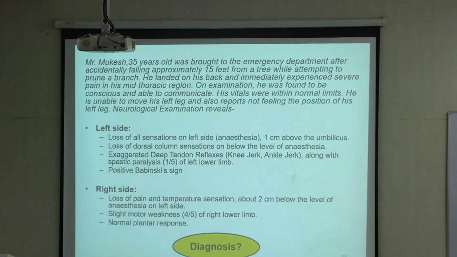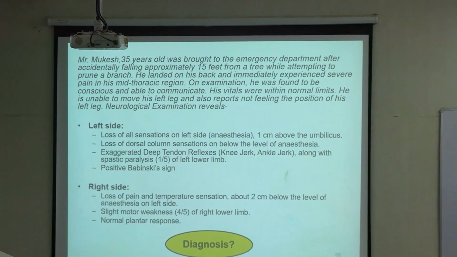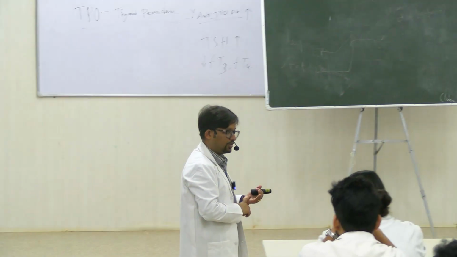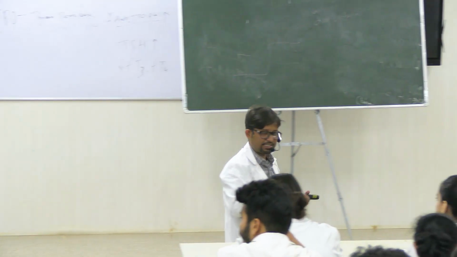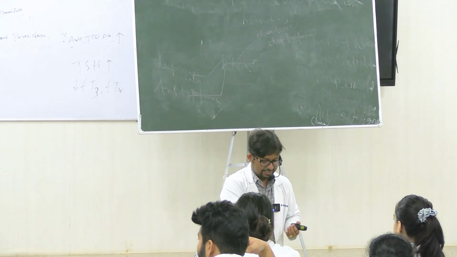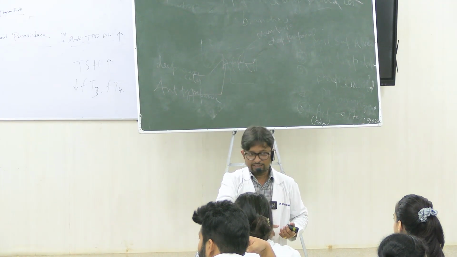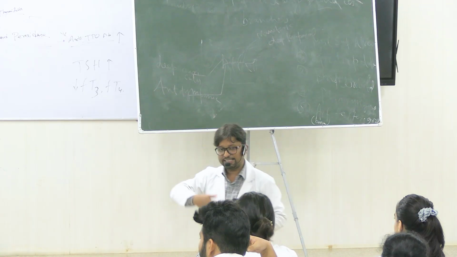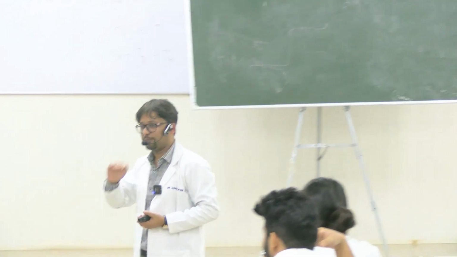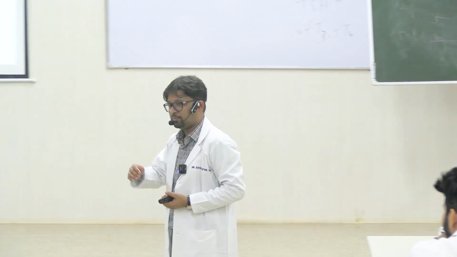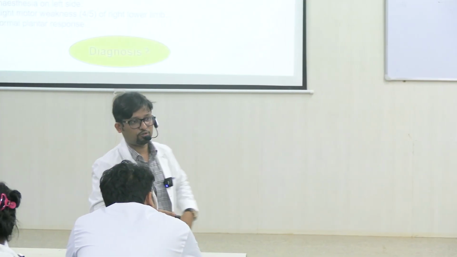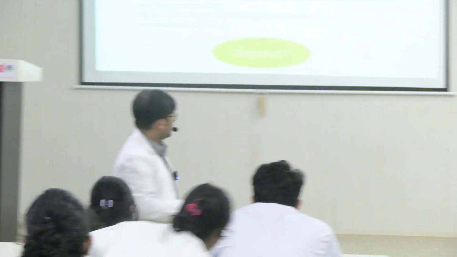So on the left side, fine touch, proprioception, sense of position, 2-point discrimination, vibration sense, the fibers carrying all of this are ascending from the lower limb, entering the spinal cord, and ascending up on the same side. Because these fibers are interrupted by the injury, on the affected side there is a loss of dorsal column sensations.